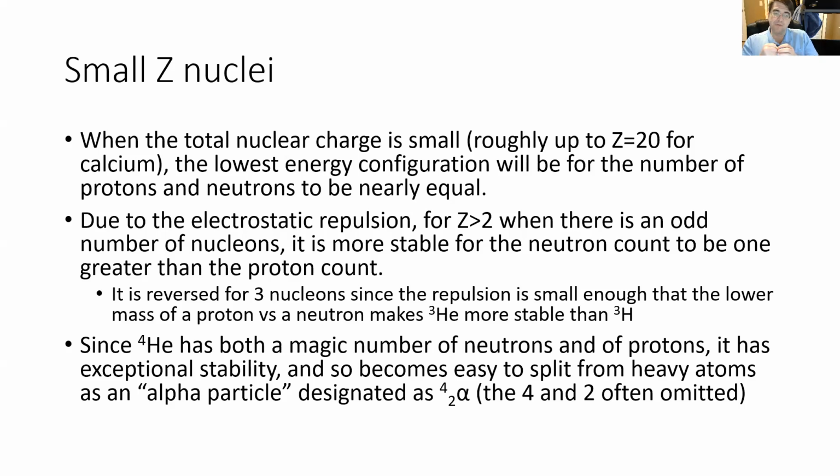When that happens, what splits off is a helium-4, and we call it an alpha particle. You can write it as helium-4 if you want, but the symbol often used for it is just alpha, because that is so much more stable than anything else small that you could break off, that it is basically the little piece that will break off, as long as the whole thing doesn't blast itself apart, which we'll talk about a little later also.